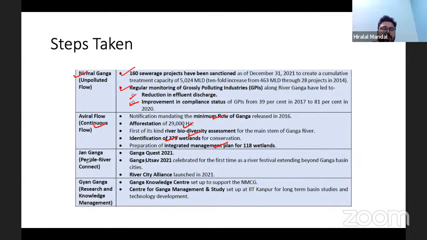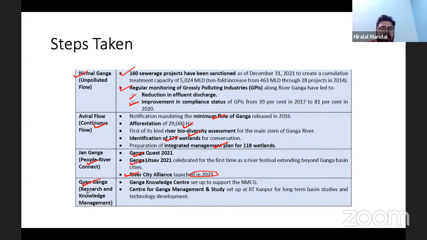With respect to the People River Connect, the Ganga Quest 2021 has been organized. Similarly, Ganga Utsav 2021 has been organized as a river festival. River City Alliance was launched in 2021. So these are the various steps.